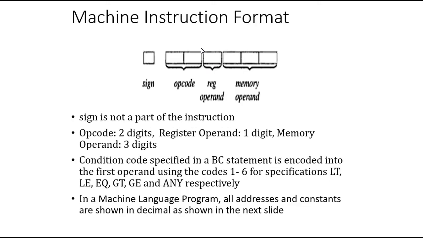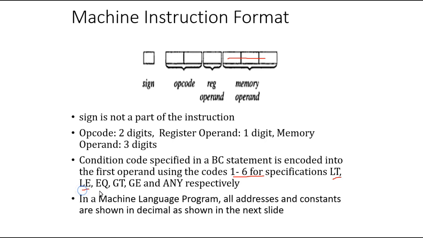This is an instruction set format. We have a sign which is not part of the instruction. 2 bits are reserved for opcode, 1 bit for the register operand, and 3 bits are reserved for the memory operand. Then we have the conditional code specified in the branching condition. There are at least six specifications. This LT here implies less than, okay?